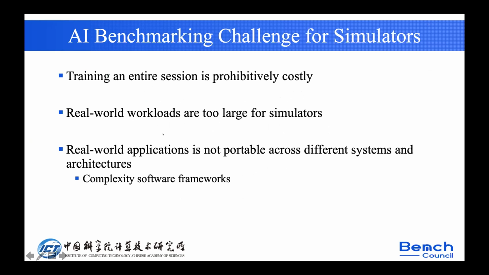For example, training an entire session is prohibitively costly, but we need training an entire session to compare the different computer systems, and the real-world workloads are too large for simulators, and the real-world applications are not portable across different systems and architectures because there is complexity in software frameworks.